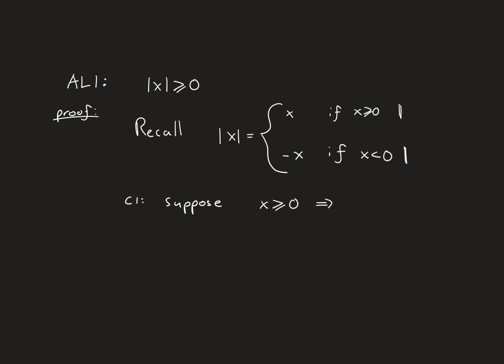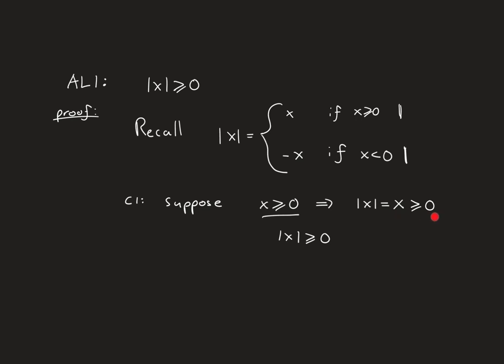That would imply that the absolute value of x is equal to x by definition. Oh, but that is clearly bigger than or equal to 0. And therefore, the absolute value of x in that case is bigger than or equal to 0.